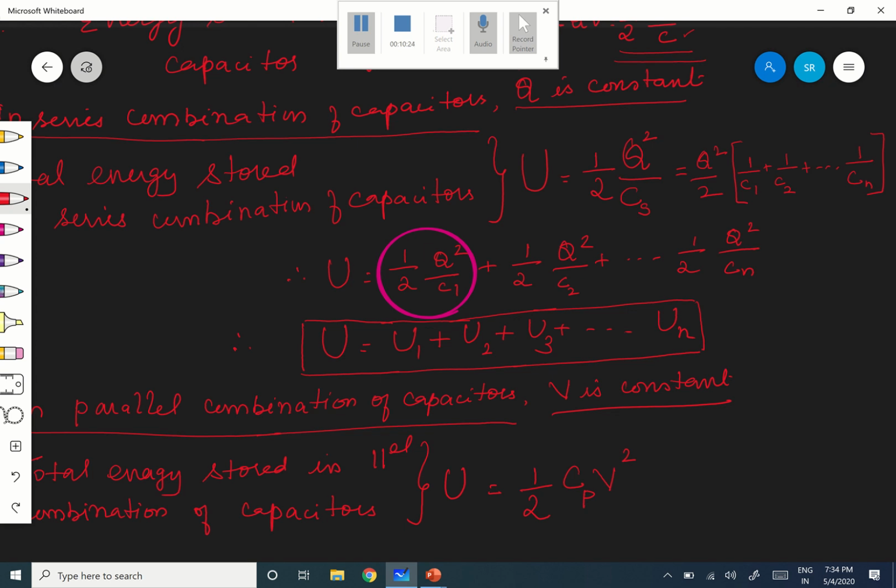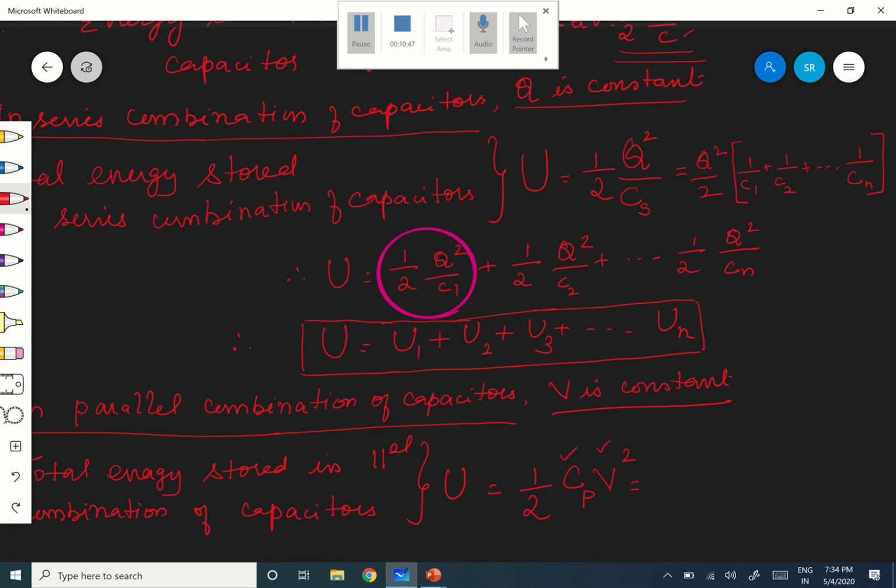This is the formula for the energy stored. CP is the total capacitance, and V is the total potential difference, which is nothing but the potential drop across every capacitor, that is, across the plates of each capacitor. V is a constant now.